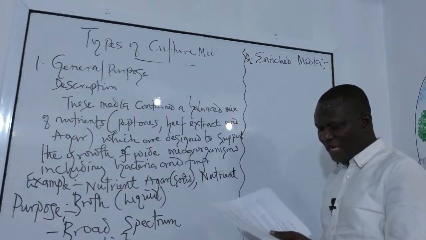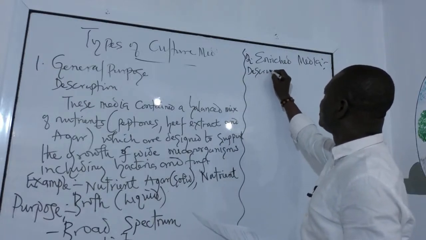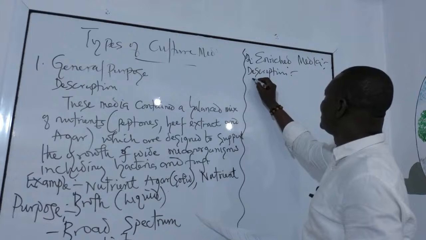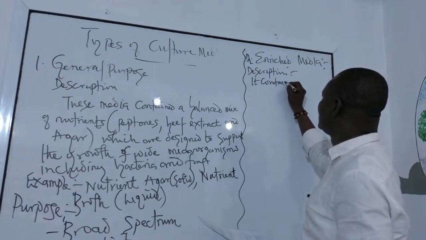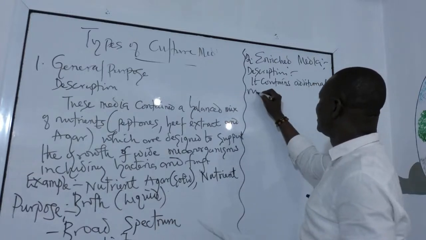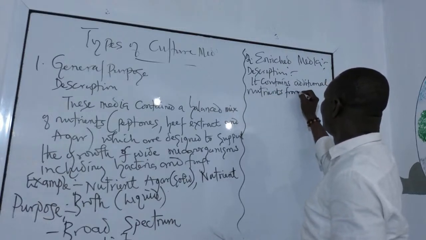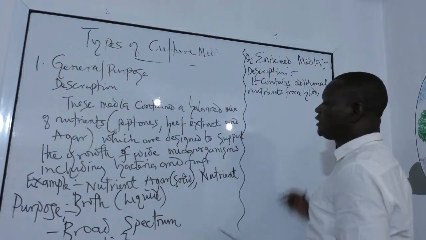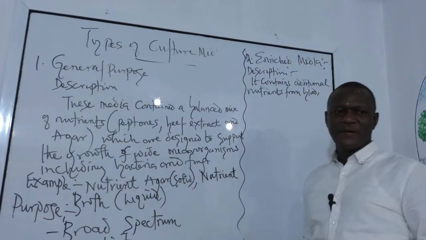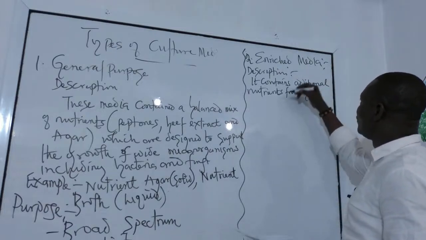So that is enriched, and the description of this is that this one contains additional nutrients that you can get from blood. Blood is rich in a lot of nutrients. So when you enrich your nutrient agar with blood, that is an example of enriched media.